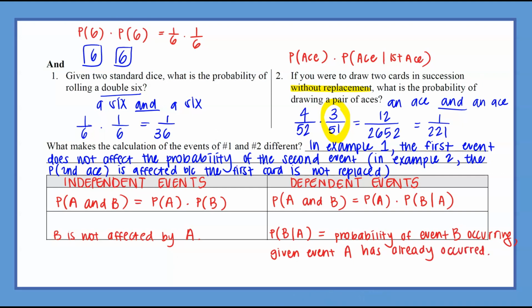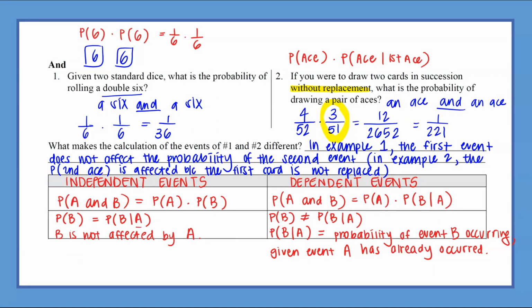And for dependent events, we know that the probability of B is not equal to the probability of B given A. However, for independent events, the probability of B would of course equal the probability of B given A, since the event A did not affect B at all.